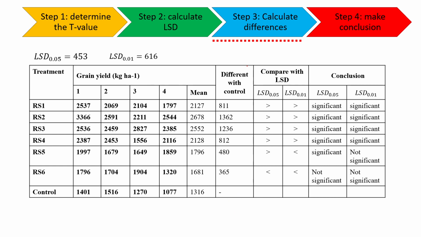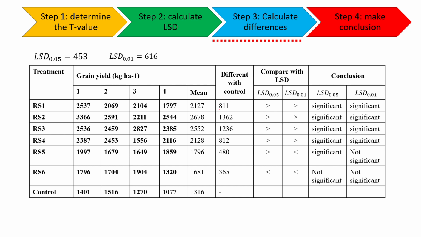And then compare the difference with the LSD. So this is the LSD. Remember over here, because we have two significance levels to calculate, we need to put in two categories. So compare the differences with control against the LSD, to determine whether it is larger or smaller than your LSD.